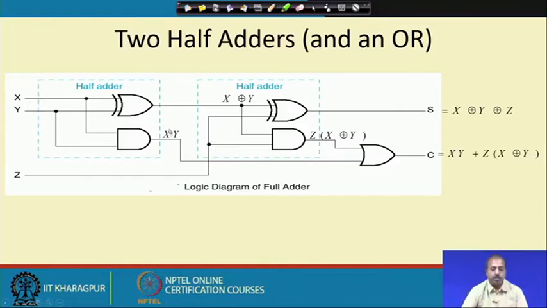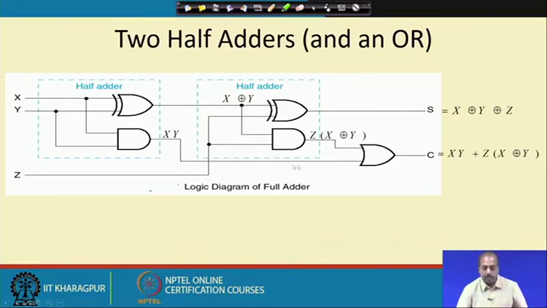So, we have got x y as the carry output and x XOR y as the sum output. With that, if we put z as the second input, the second half adder has this sum as one input and z as another input. So, this x XOR y XOR z gives me the sum s equal to x XOR y XOR z, and this carry is generated.